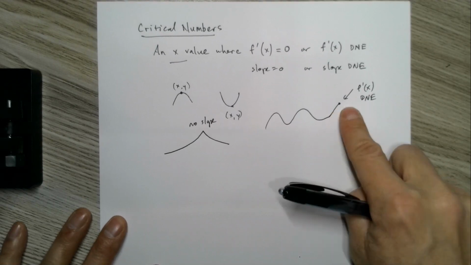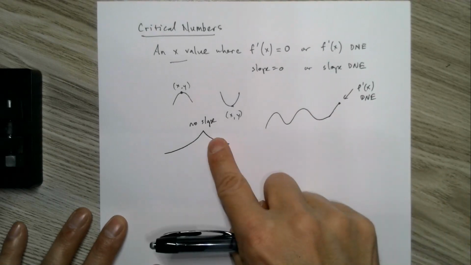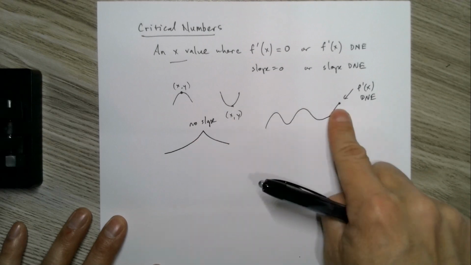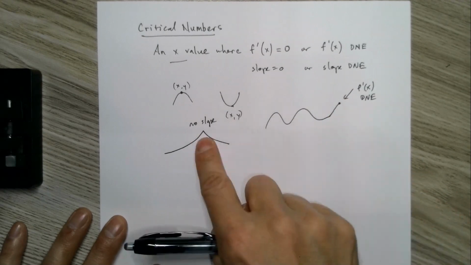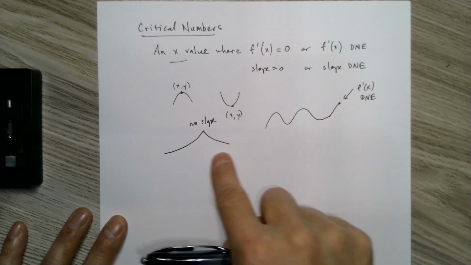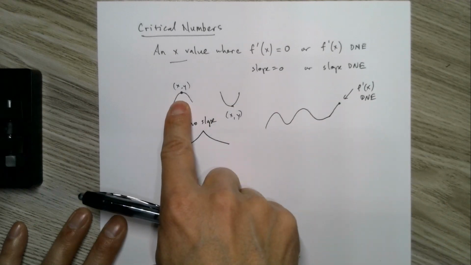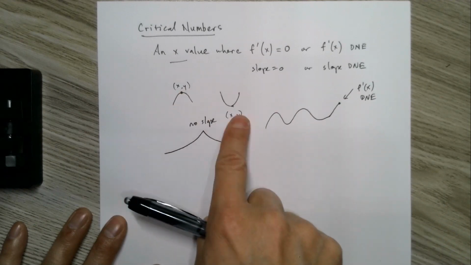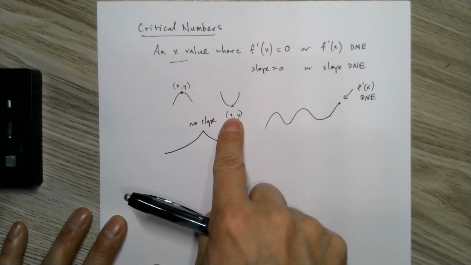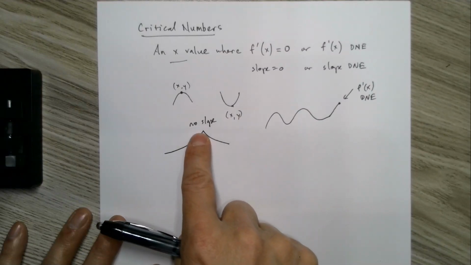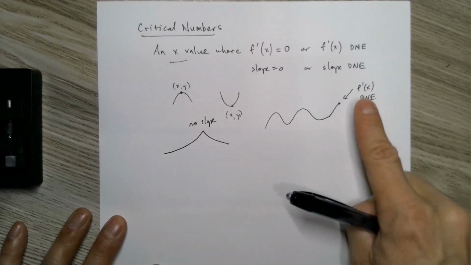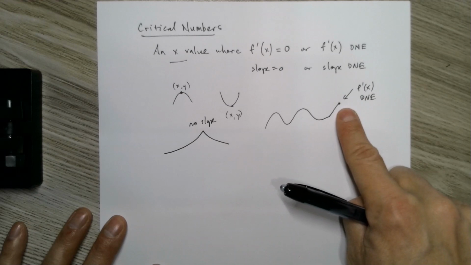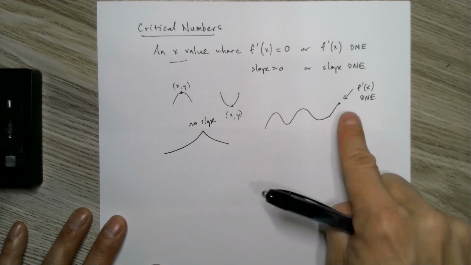So there is no slope there. So these are the two scenarios where you would have no slope. And these are still called critical values. Okay, all of these are critical values. Where there's a max, where there's a min, the x value is the critical value. Where there's no slope, when there's a sharp turn, or at an endpoint, the x values are the critical values there.